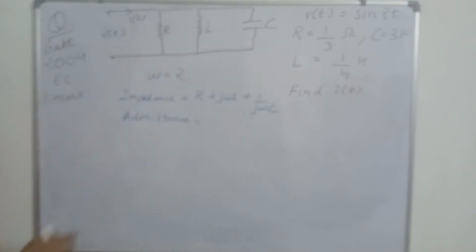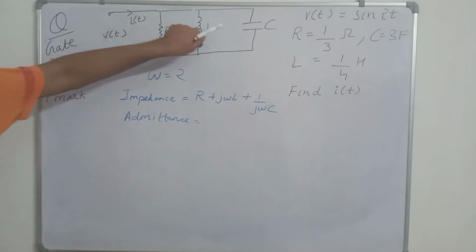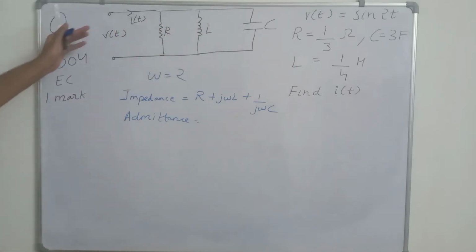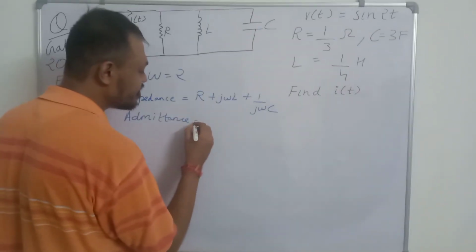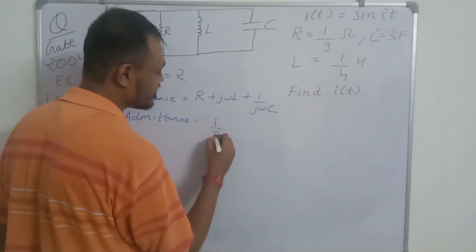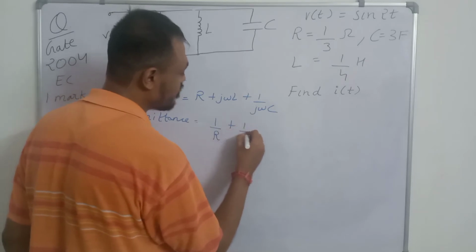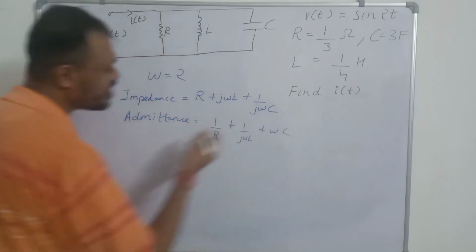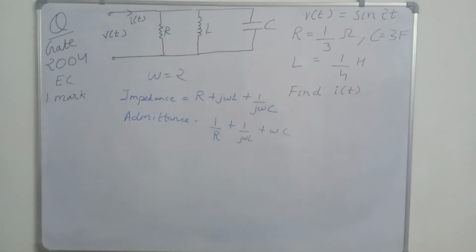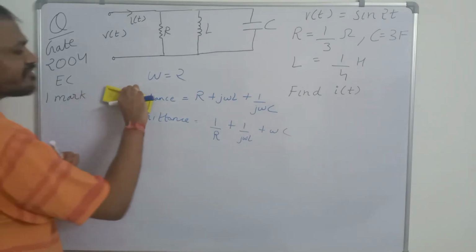But here we cannot find impedance directly because R, L and C are in parallel. So in a parallel circuit it is better to find admittance. Admittance will be equal to 1 upon R plus 1 upon j omega L plus j omega C. So now we can add it directly. For a series RLC network we find impedance, and for a parallel RLC network we find admittance.